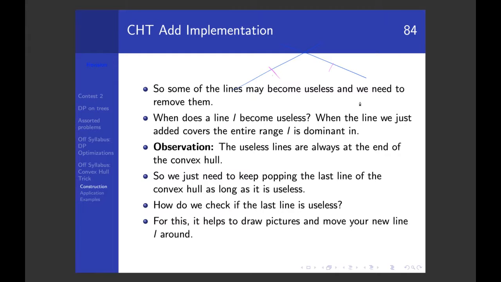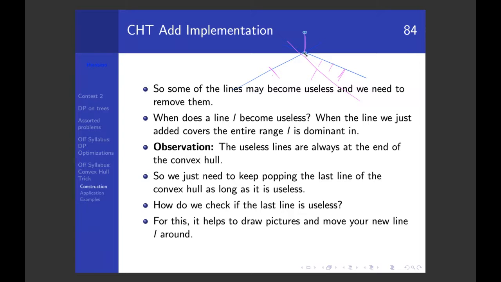If we're adding a new line, to work out if the new line invalidates an old line, we check the intersection of the two blue lines, that's here. Why is that?